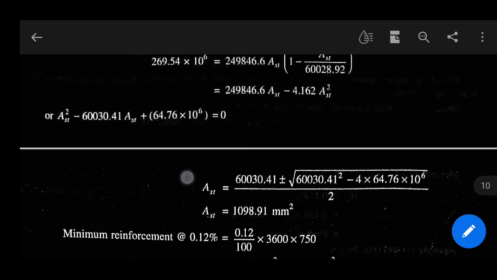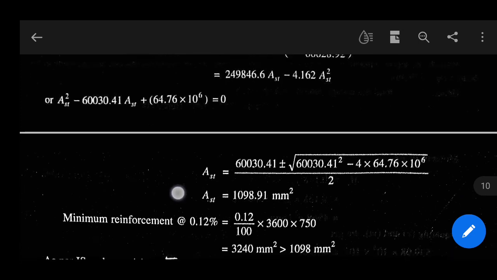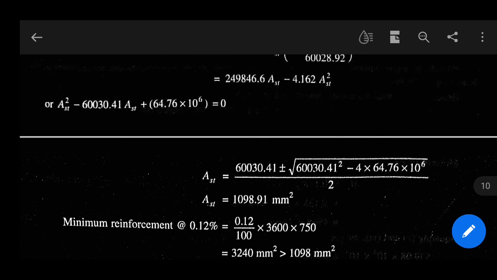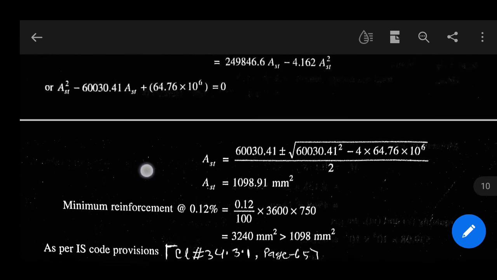So again apply Sridharacharya's formula, and Ast equals 60030.41 plus minus root over 60030.41 square minus 4 into 64.76 into 10 to the power 6 by 2. So Ast is equal to 1098.91 mm square.